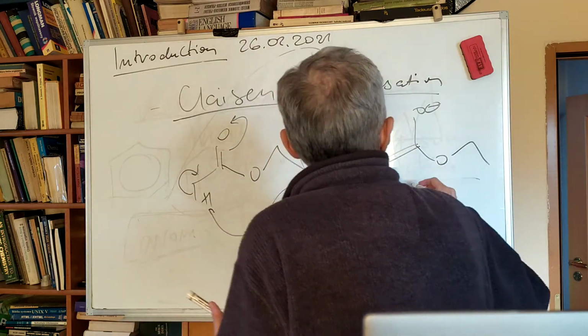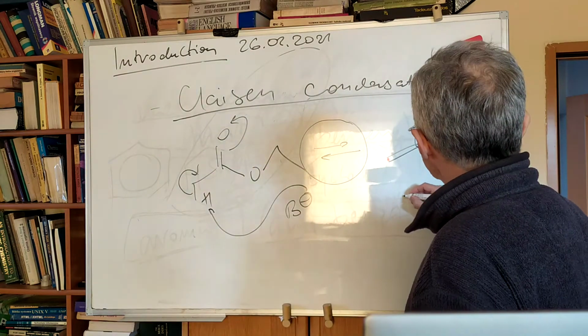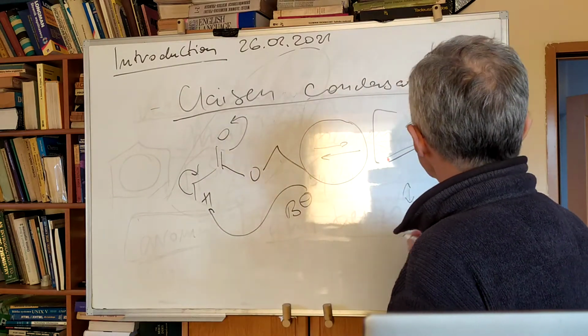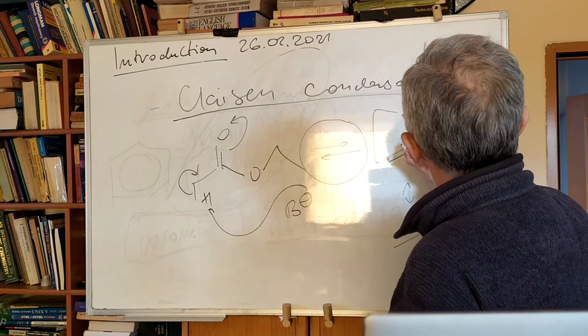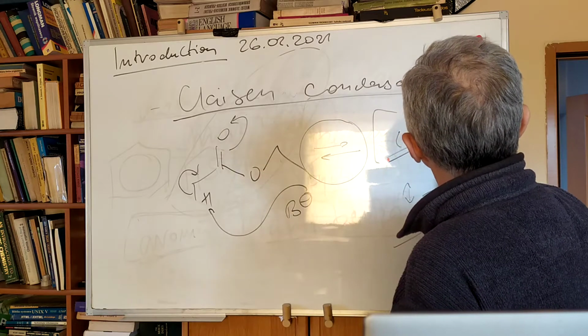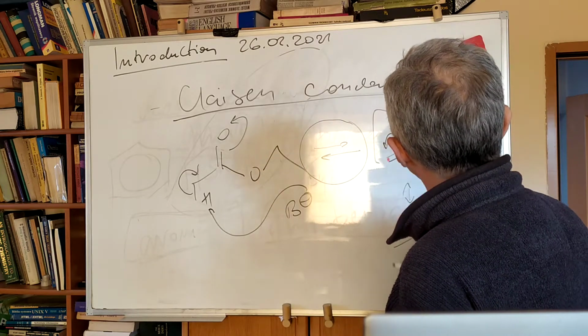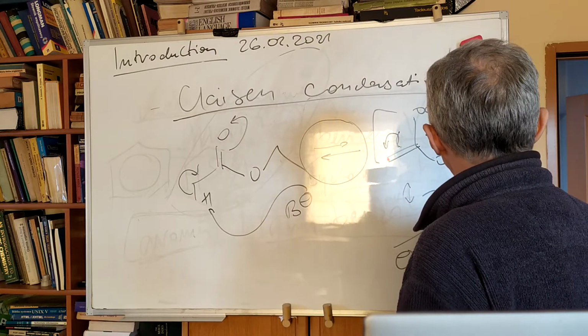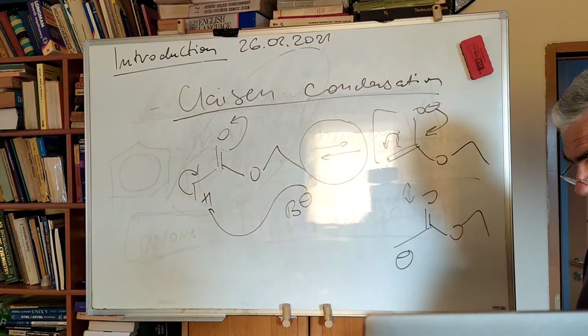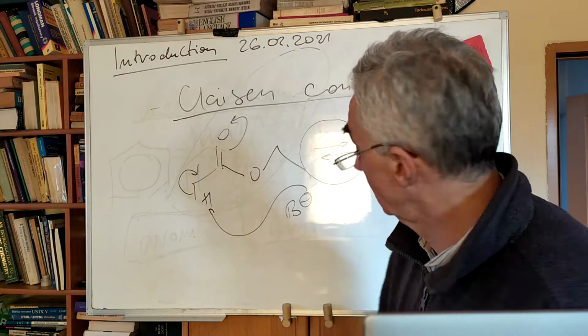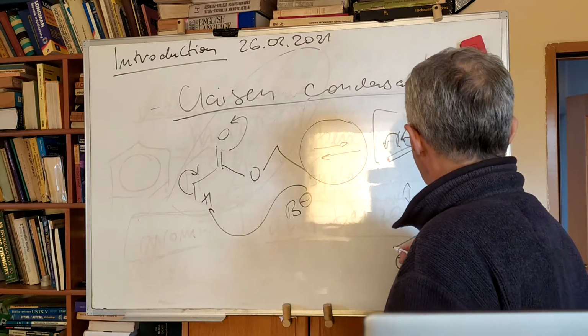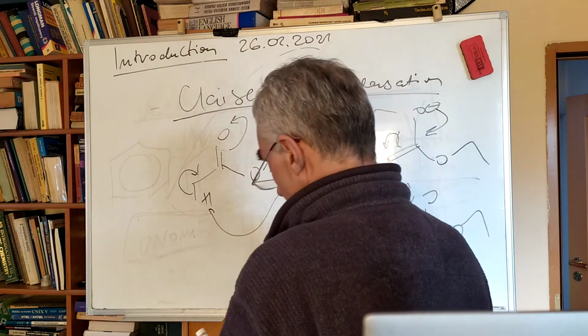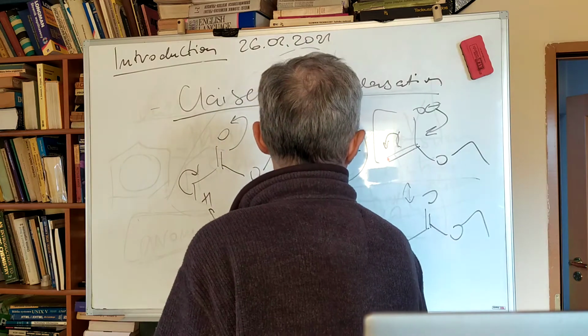So basically we'll have such resonance structures here. I mean, we can write something like that here, and we have a minus, and we can write here the green one.